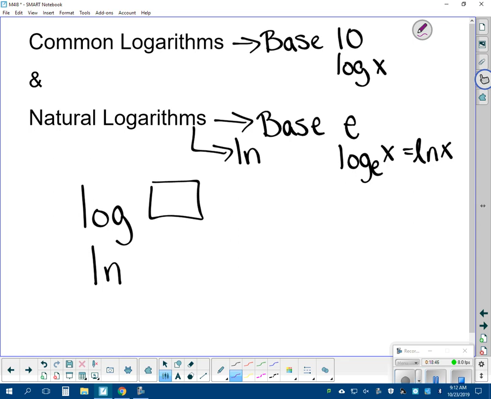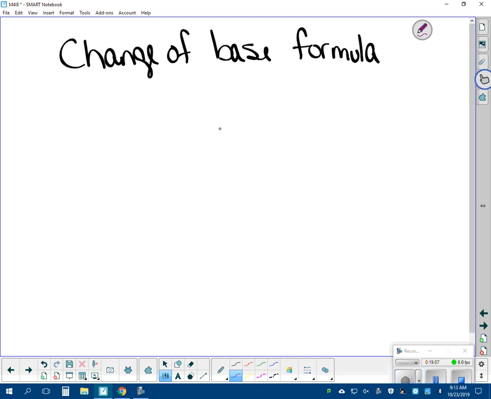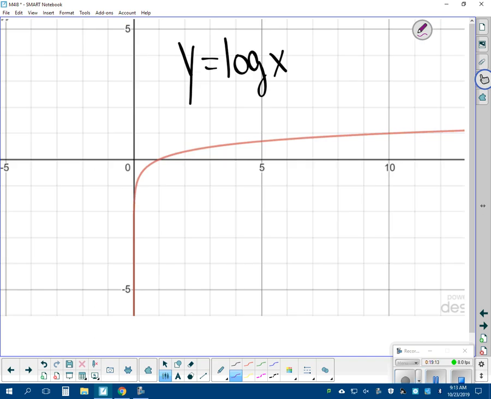So back in the day, we had tables of values. They didn't even have calculators, and you had to convert everything into a common logarithm. So the way you would do that is something called the change of base formula. And I am only telling you this in case you are doing homework and you don't have a calculator that can do these. So if you are asked to find log base, what's that last problem we did?